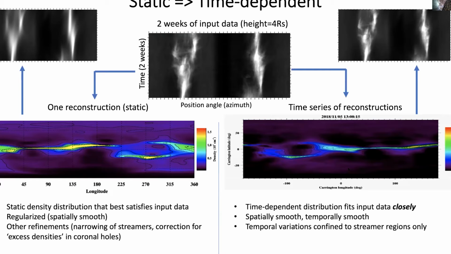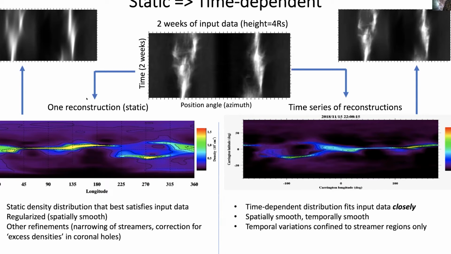Using polarized brightness coronagraph observations, we can create tomographic reconstructions. This is an example in the center here of the type of data we use. It's formatted at a given height, position angle, the azimuth versus time. We need 2 weeks of input data.